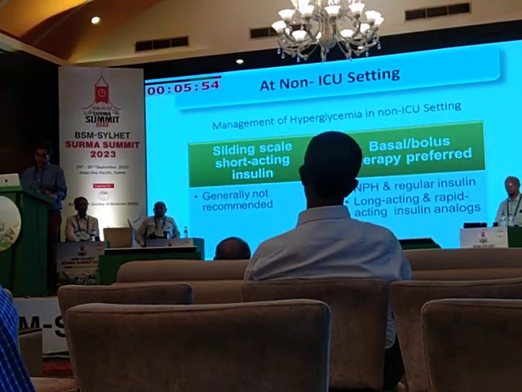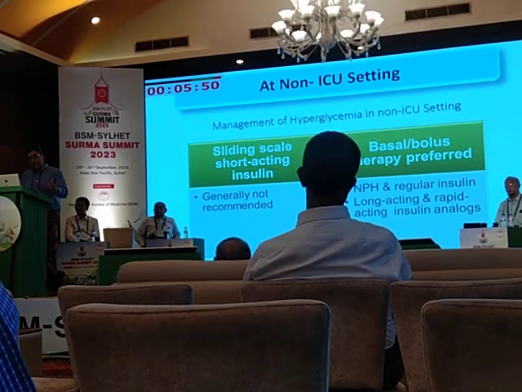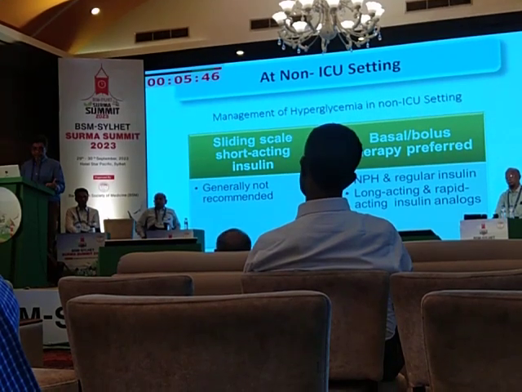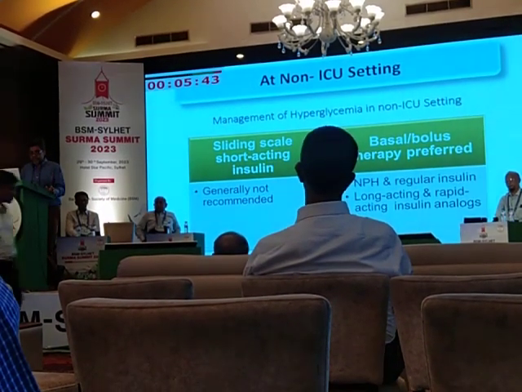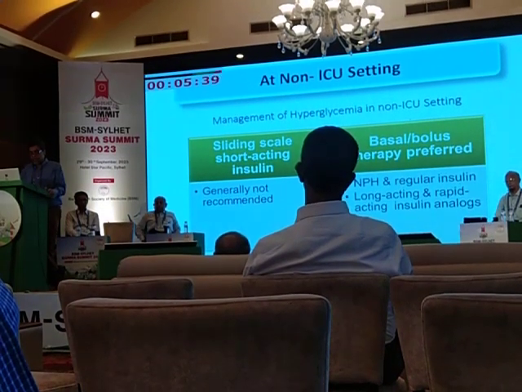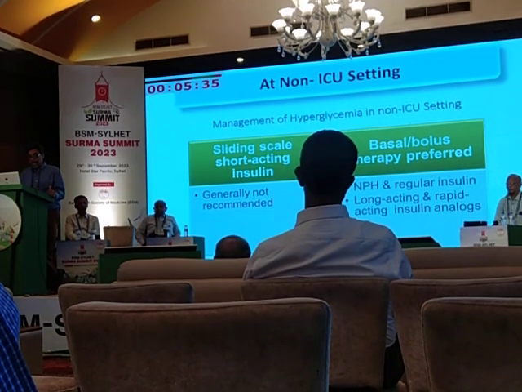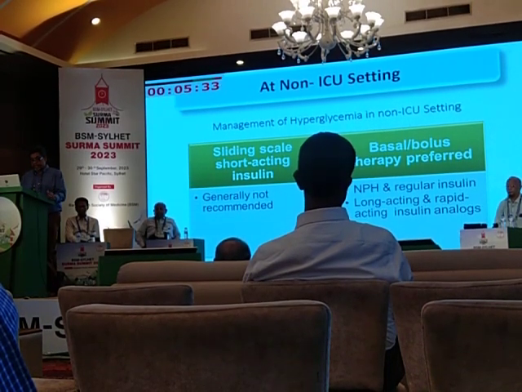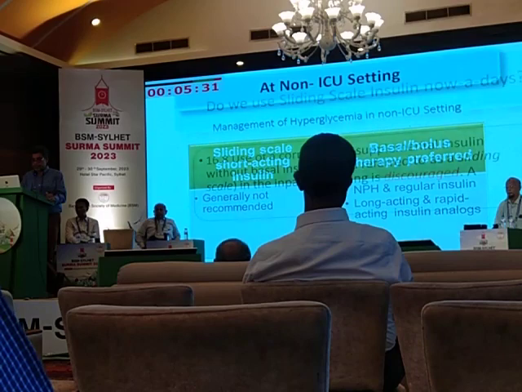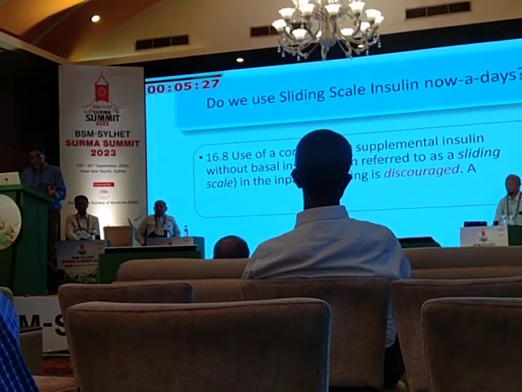So, what should the insulin protocol be? Sliding scale or basal bolus therapy. Many of our endocrinologists in clinical settings use sliding scale therapy, but in the consensus guidelines, it is not generally recommended, and basal bolus therapy is preferred. We can use NPH or regular insulin, and long-acting or rapid-acting insulin, this type of combination we can prescribe. Do we use sliding scale insulin nowadays?